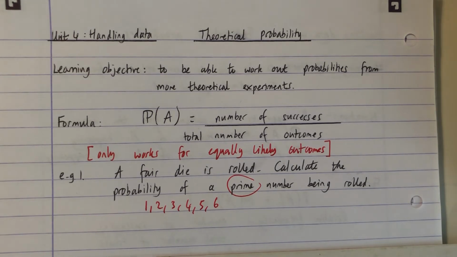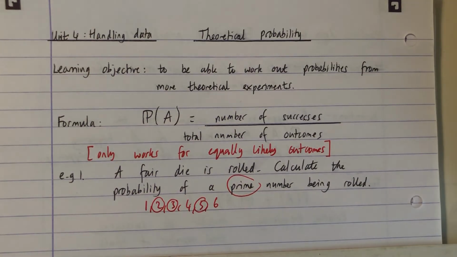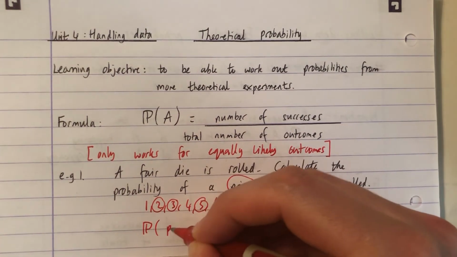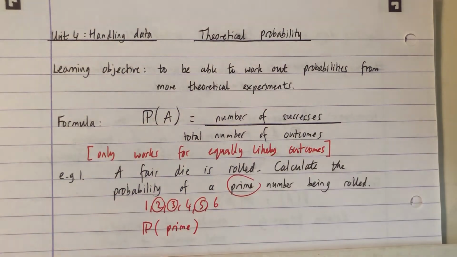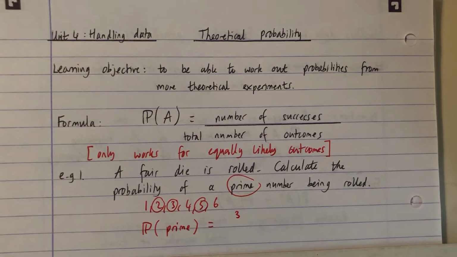The number 1 does not have 2 factors, it has 1 factor, so 1 is not prime. 2 is prime, 3 is prime, 5 is prime. So the probability of rolling a prime number is 3 successful outcomes out of 6 total outcomes.